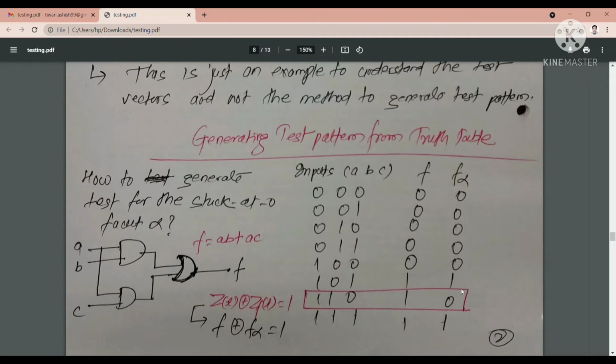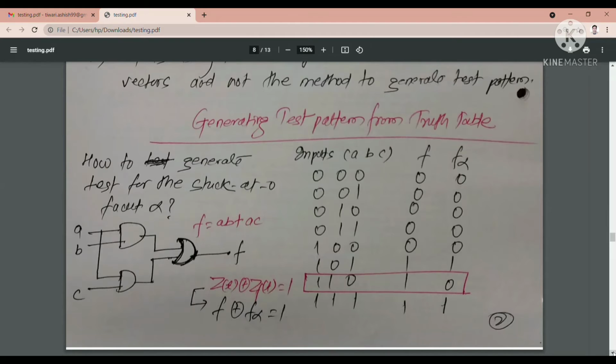Applying our logic, Z(t) XOR Z_f(t), the original and faulty response, or the fault-free and the faulty response, the XOR condition has to match. So here it is meeting. F is the fault-free and F alpha is the faulty, and if we can see the difference between these two logics, I will say that the fault is in this particular line. So this is how we can detect the fault in the case of the truth table.